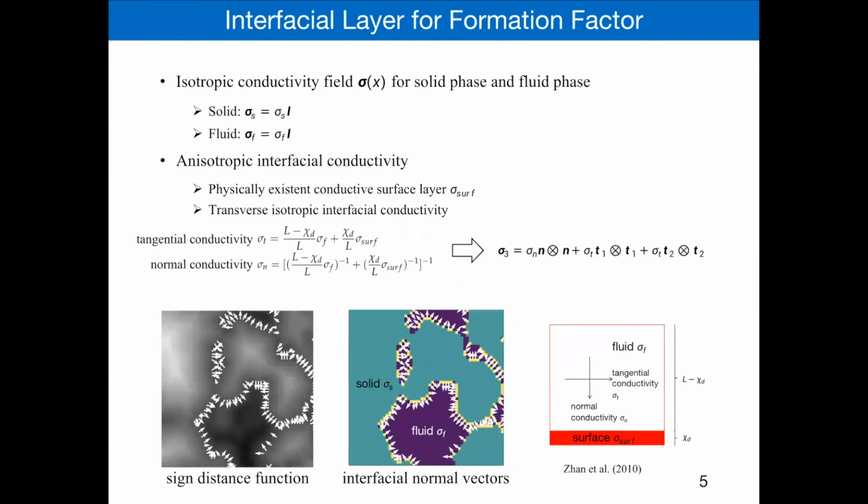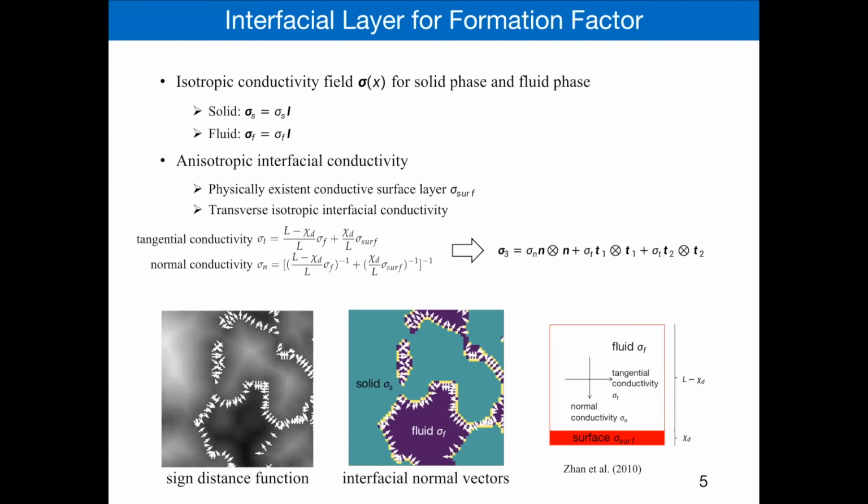In addition to permeability, the formation factor is also an important parameter. To compute the formation factor, the conductivity field is needed to solve the charge conservation equation, where both solid and fluid have isotropic conductivity.